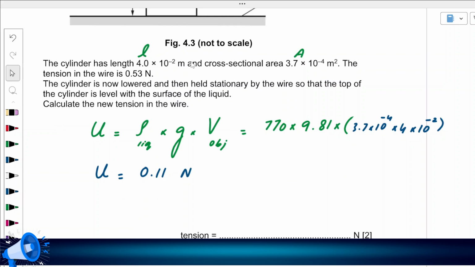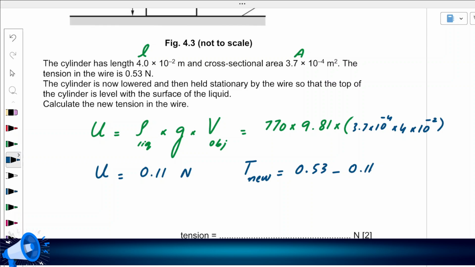Now, what would be the new tension? So, the new tension would be the previous one minus the upthrust, minus the upthrust 0.11.